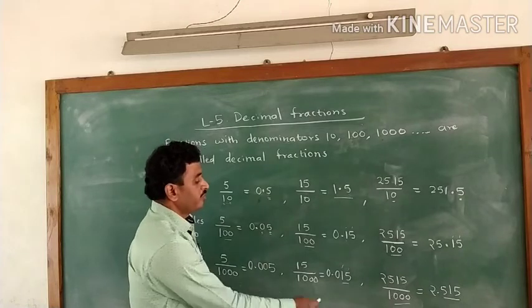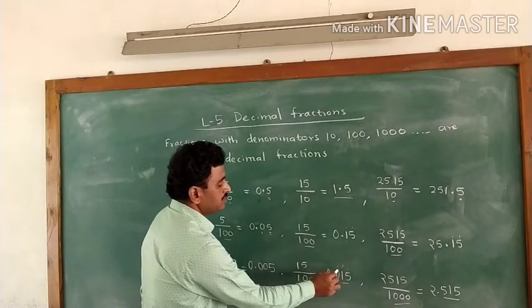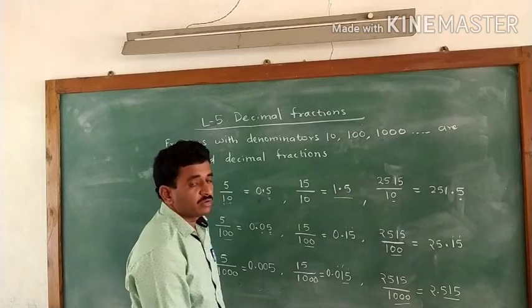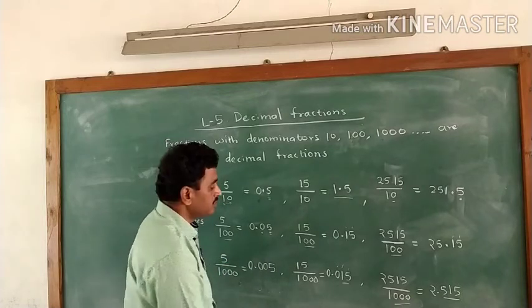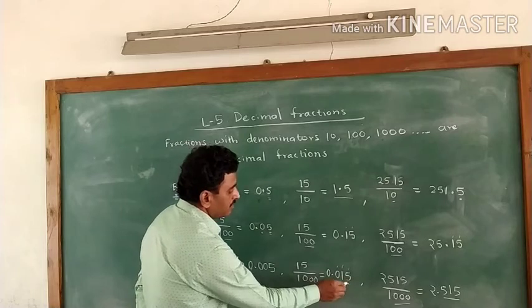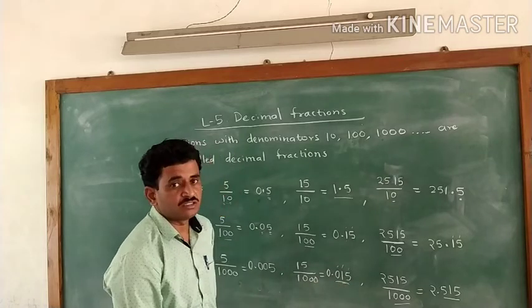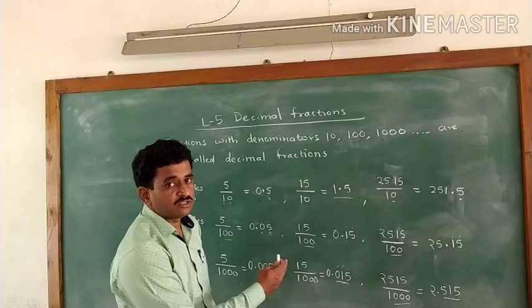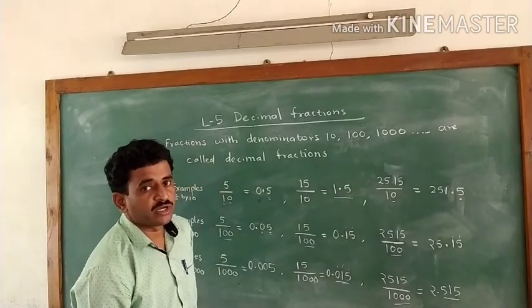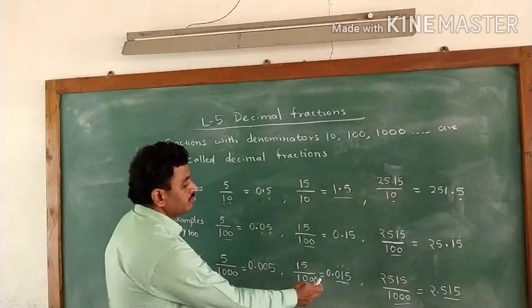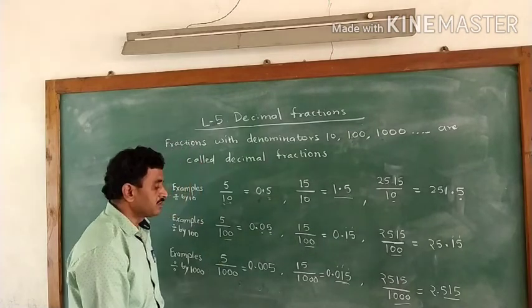So in the 3 digits, we require one more digit to write. So we write 0. Then we have now 3 digits. Now before these 3 digits, we have to give a decimal point. Then it becomes our correct answer.